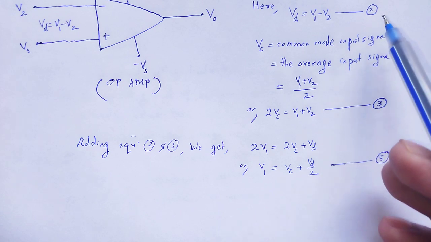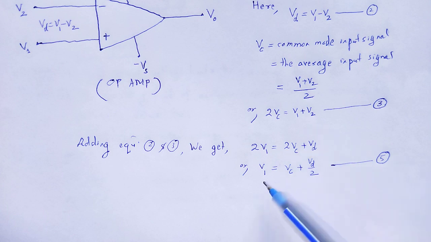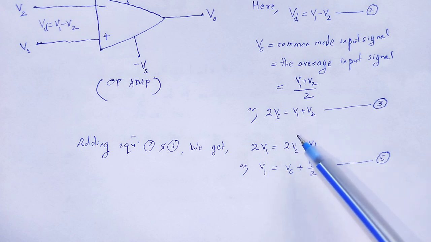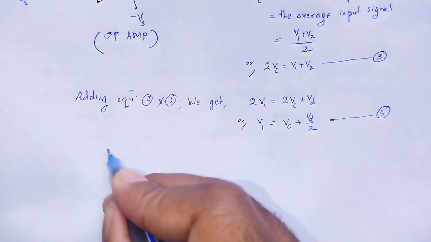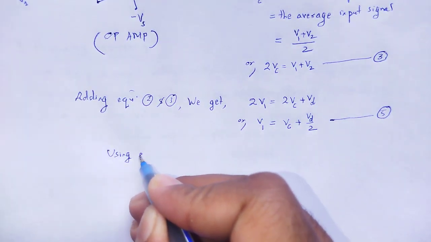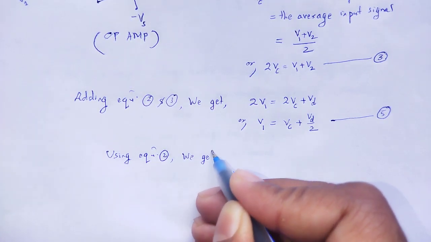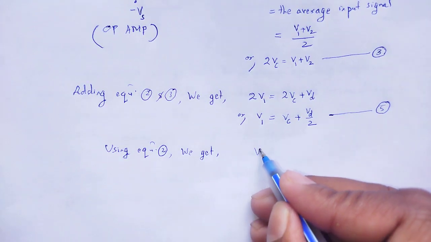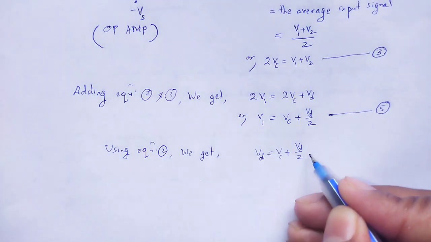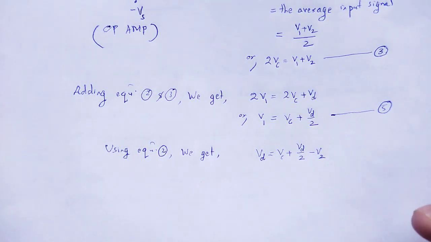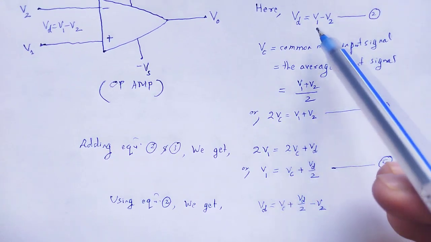Using equation number 2, Vd is equal to Vc plus Vd divided by 2 minus V2, where we put the value of V1.